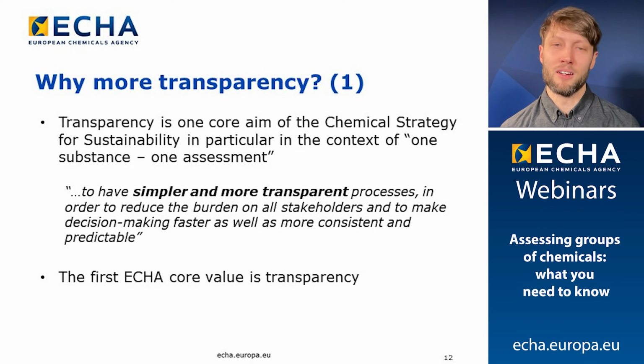So indeed, the CSS recognizes this importance of transparency, and also ECHA, in our core values, recognizes this. Transparency is the first among 5: independency, trustworthiness, efficiency, and our commitment to well-being.